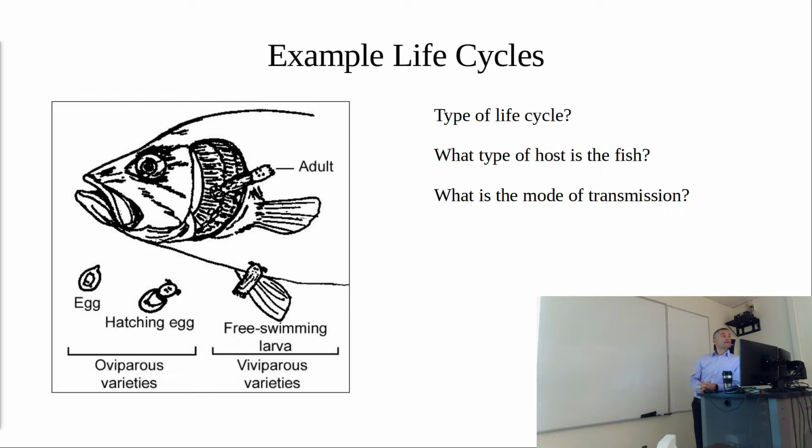It's what? It's a direct life cycle. How many hosts are in it? Just one. So it's a direct life cycle. What's a synonym for a direct life cycle? Monoxenous. All right, monoxenous life cycle. What type of host is the fish?